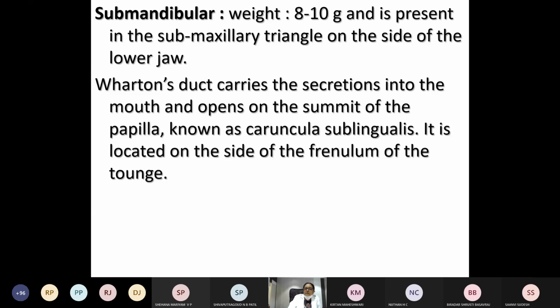The submandibular gland weighs about 8 to 10 gram and is present in the submaxillary triangle on the side of the lower jaw.